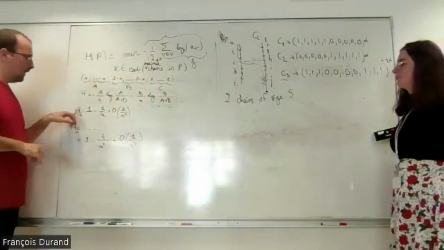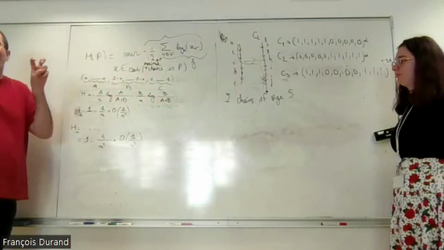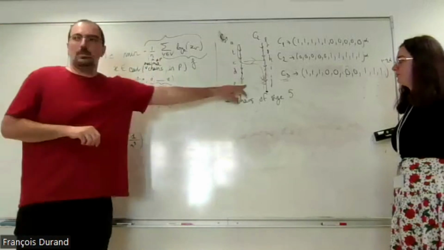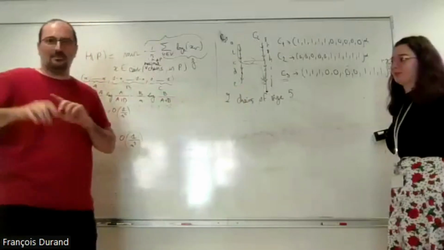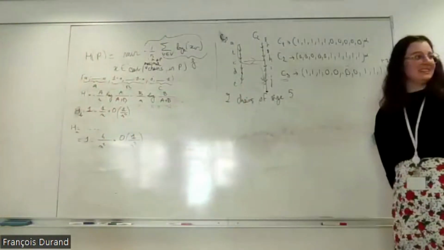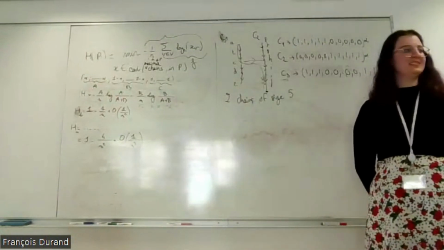But this entropy of the incomparability graph will wrongly, in some sense, tell you that it's better to compare the two bottom ones. So you can think about that tonight when going to sleep.